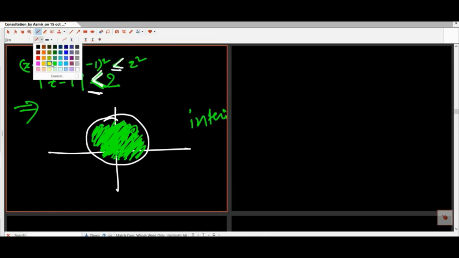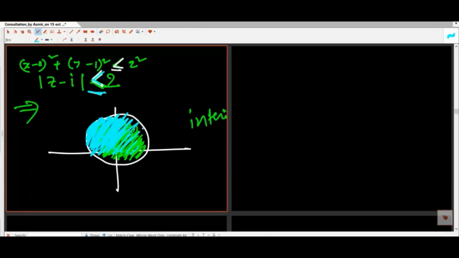So this time for less than, you can easily see that we have the interior, but since we have also equal, the shading or region will touch the boundary also. That means we have the full interior part.